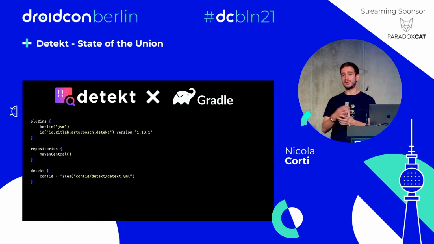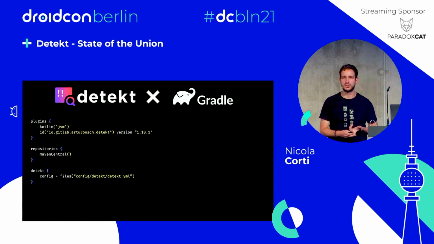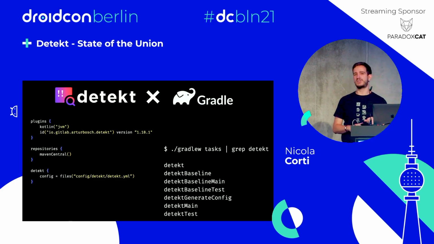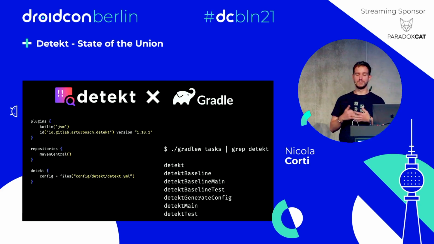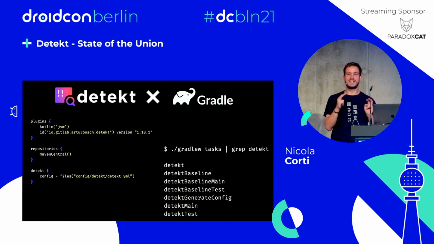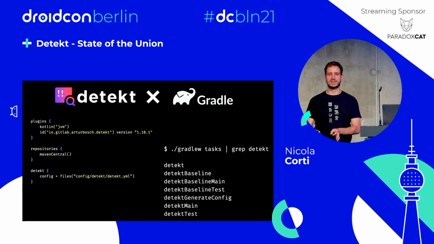That's useful, but generally you apply Detekt to an Android project, a Java module or a multiplatform module. If you have a Kotlin JVM module and you run Detekt again, you will find there are more tasks. The convention that we decided to follow is that the plain Detekt task is the one that runs without type resolution.